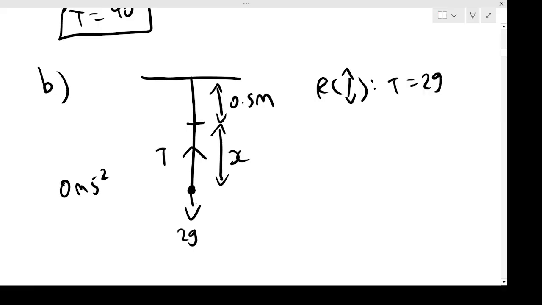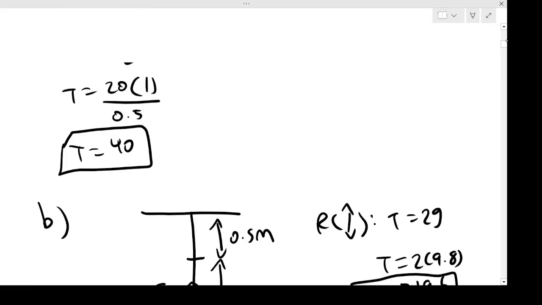If you have any confusion about that, that has to happen for the acceleration to be 0. So T has to equal 2g. Well, T is going to be 2 lots of 9.8, so that's going to be 19.6, okay?